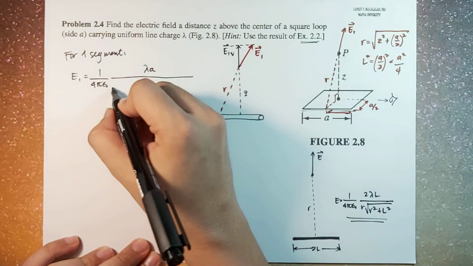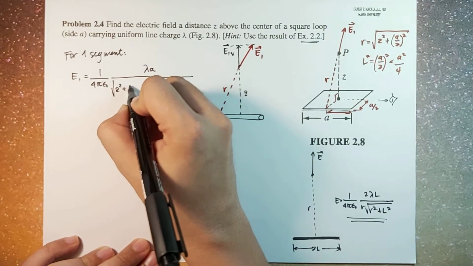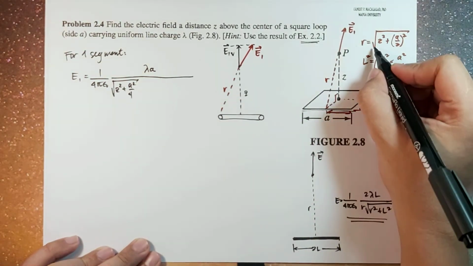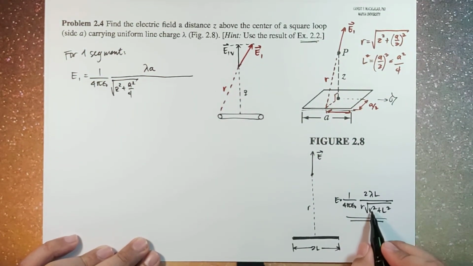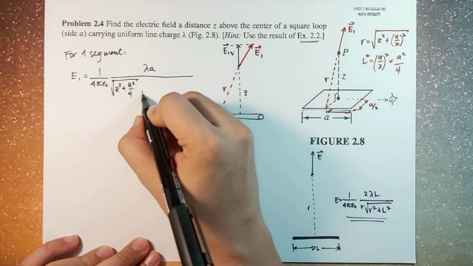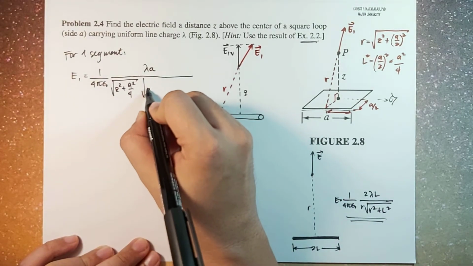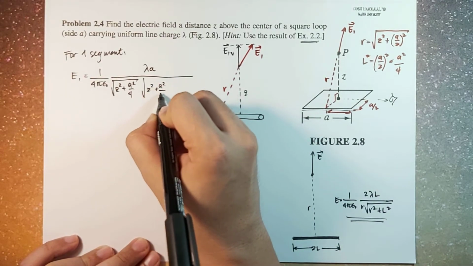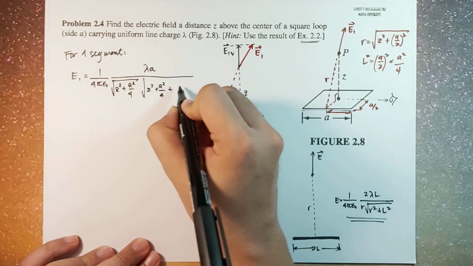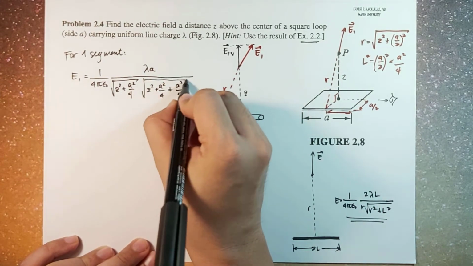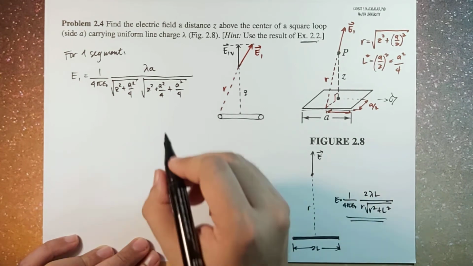And then the square root of R squared plus L squared: that would be the square root of Z squared plus A squared over 4 plus A squared over 4, which is Z squared plus A squared over 2.